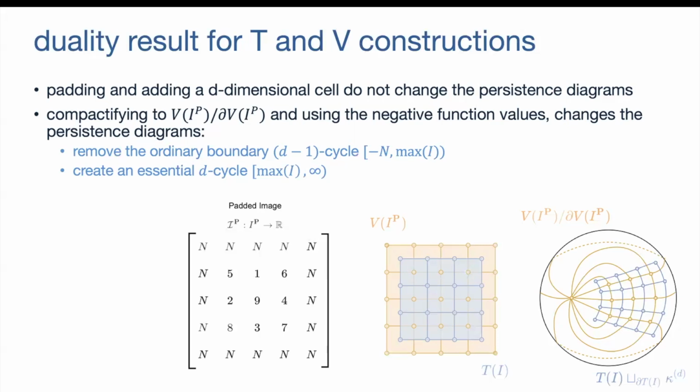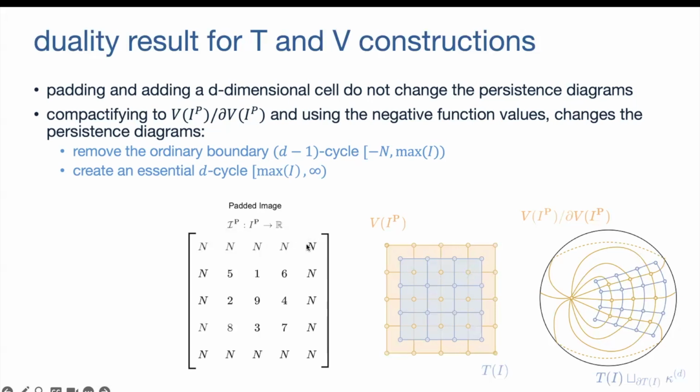And it changes it in a way that you can see quite clearly here, which is that by identifying the boundary to a point, I'm basically removing this d-1 cycle that existed from my negative n values, right? So remember, n was a very, very big number. So when I make it negative, it's a very, very big negative number.